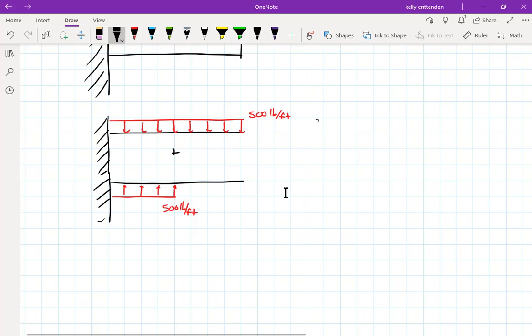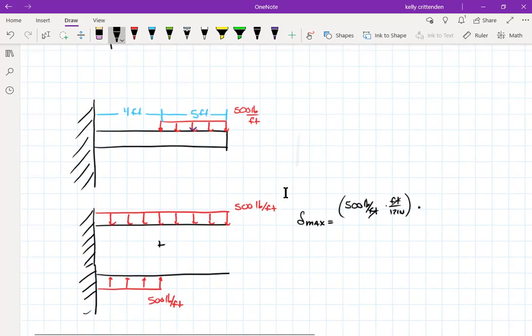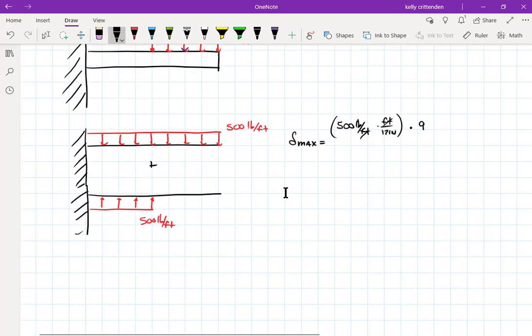So this one, delta max equals 500 pounds per foot, converted to pounds per inch, times L to the 4th, where L is the whole length of the distributed load, which is 9 feet. Convert that over. That's to the 4th over 8.